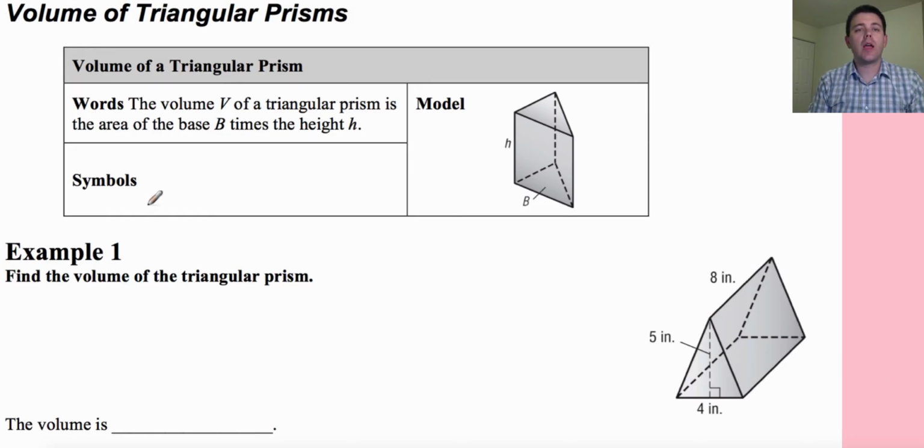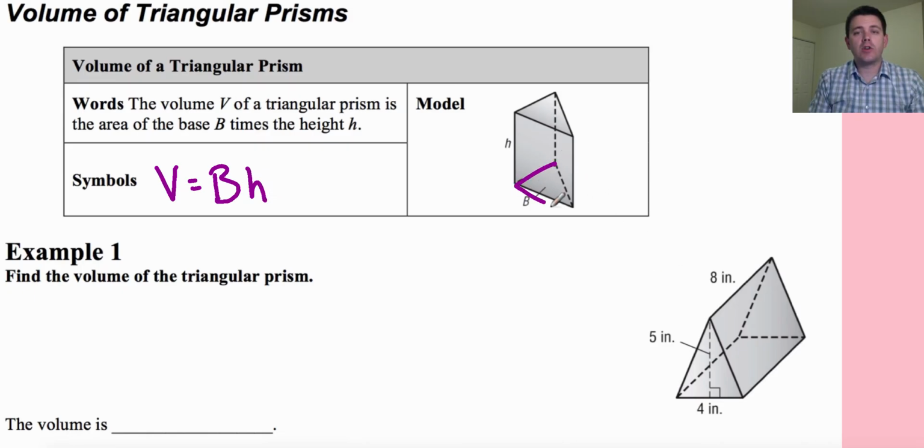All right, triangular prisms. Only difference, you got a triangle for a face instead of your rectangular ones. So it's not as simple as just length times width times height. This is where we got to use that other formula. Volume is equal to the big capital B, that's for the area of the base, times the height. So think of it like this.